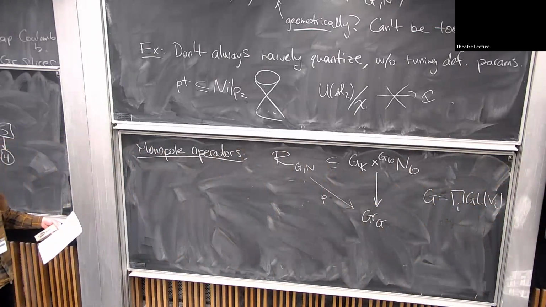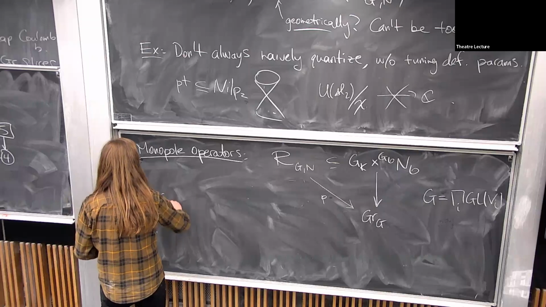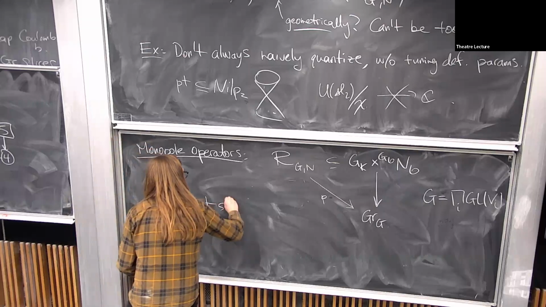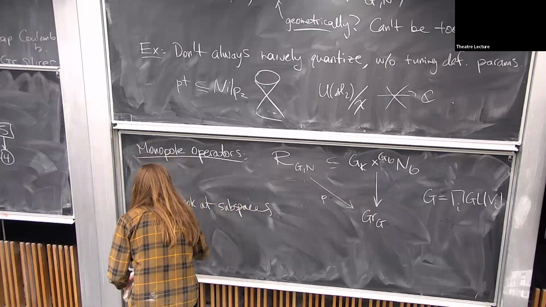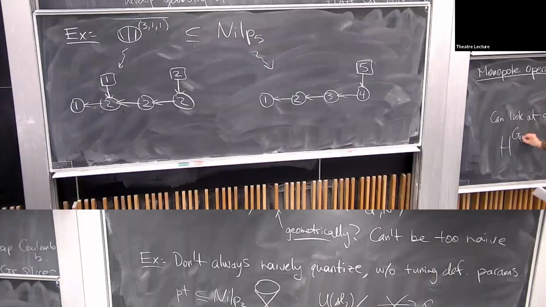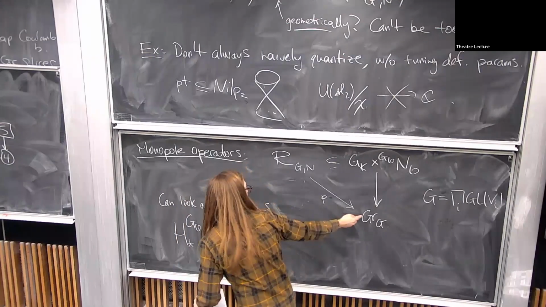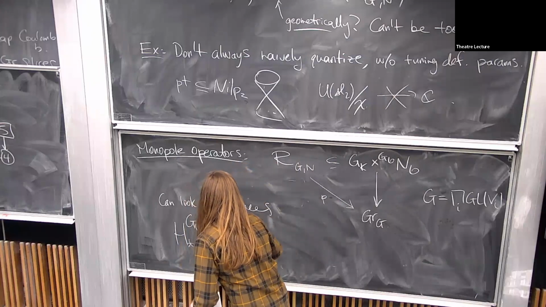So what we can do is, for example, take subspaces. We take the equivariant Borel-Moore homology, but what we do is we take these preimages in R of certain nice things.